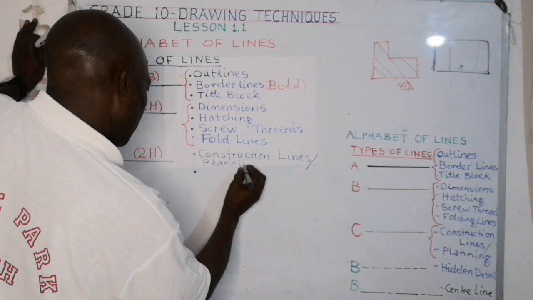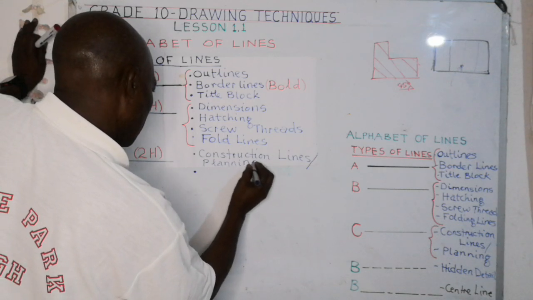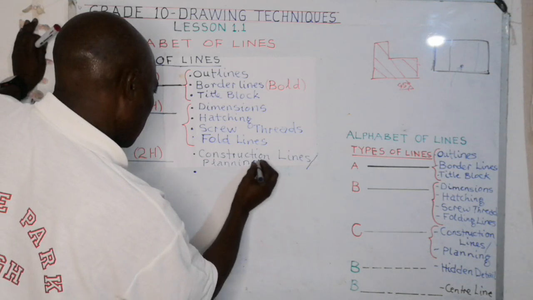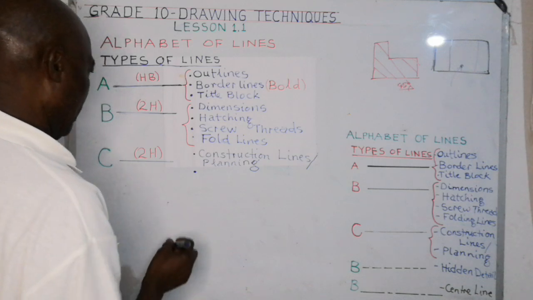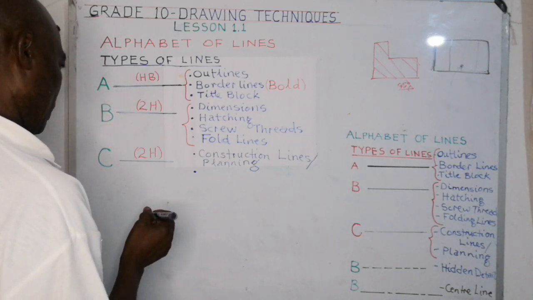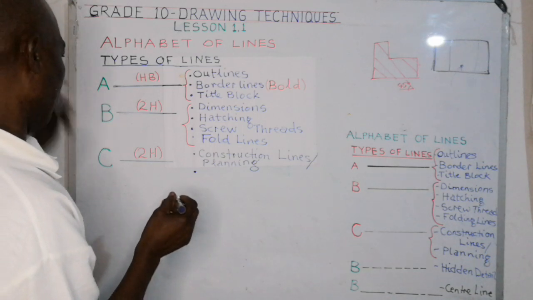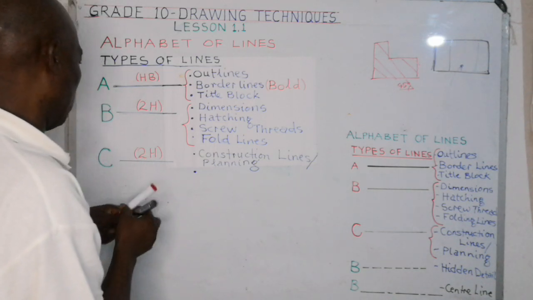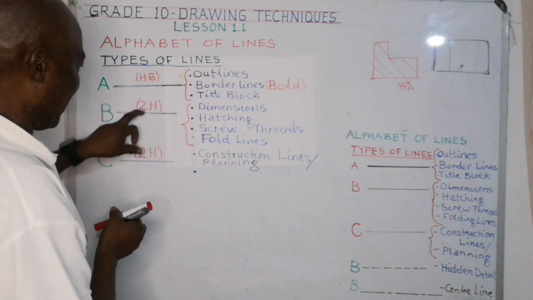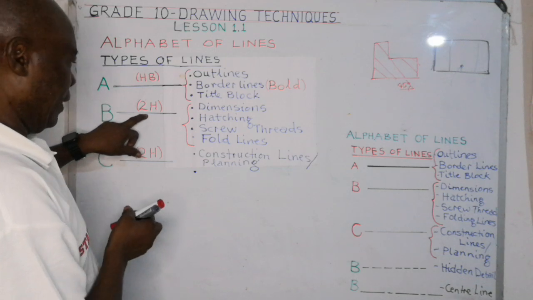Planning. Right, and then that's all construction lines. So 2H is used for construction lines, but they are lighter than this, right?